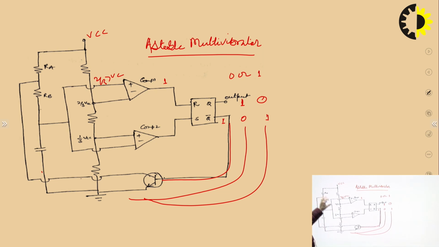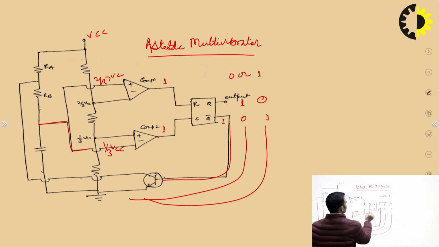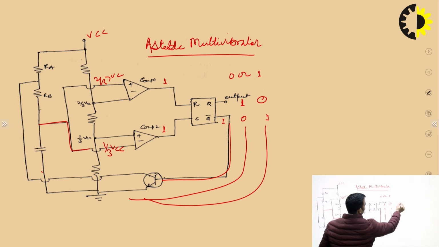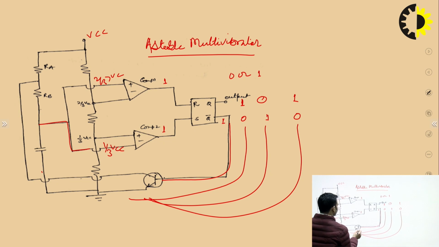That means voltage across capacitor will keep on decreasing from 2 upon 3 VCC, and when this voltage will be slightly less than 1 upon 3 VCC, then output of this comparator will change and it will become 1. This will be 1, that means this will also be 1, this will be 0, and this will become open circuited, and now in spite of discharging, it will keep on charging towards VCC.